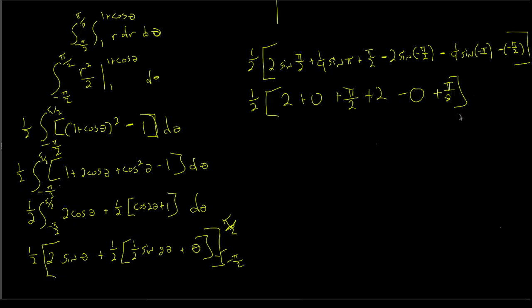I seem to be missing a fourth somewhere. Let me see. Oh, wait. This 1/2 here multiplies to this. So this is 1/2 pi over 2. That's a pi over 4. And that's a pi over 4. So I'm going to get 1/2, 4 plus pi over 4, or pi over 2, because there's 2 of them.